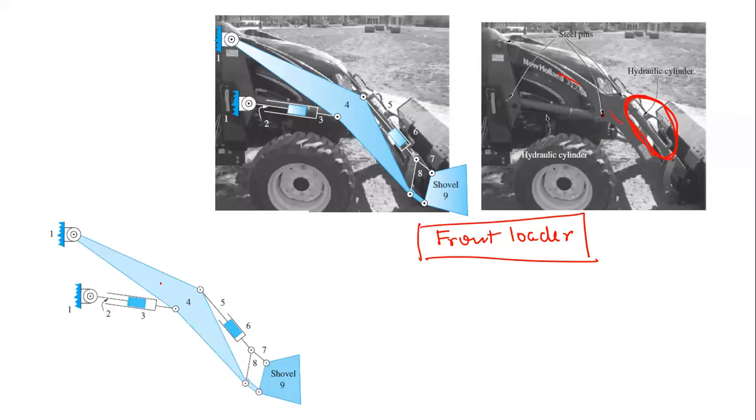Now if you very carefully observe, here is one pin joint, then this is your hydraulic actuator. In a hydraulic actuator you have a cylinder and a piston arrangement, fine. So this can be represented something like this. Now you can observe that this hydraulic actuator is pin jointed here at this location. Very carefully observe.